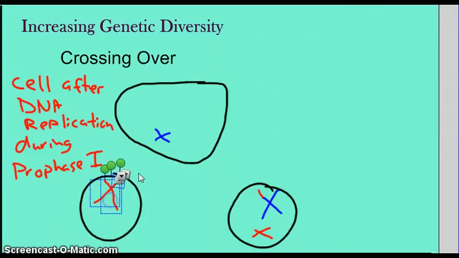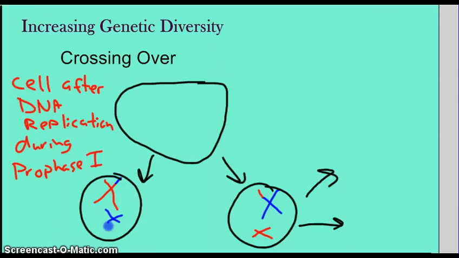Okay? And when they finally have divided up, you will end up with sex cells. So let's say this cell divides. So we have our first division here. And then if this cell divides, you now are going to have 2 cells, and one of them is going to have a long blue one, just a normal, and the other is going to have a long blue with just a tiny tag of red.